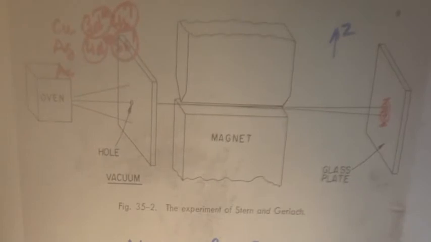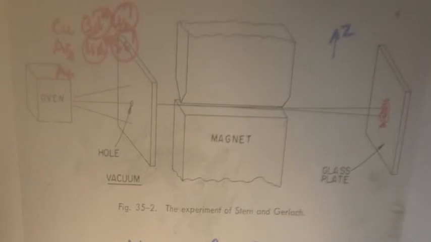All of copper, silver, gold have an outer electron configuration: for copper it's 3d10, 4s1; for silver, you've got 4d10, 5s1. And clearly, outside the filled shells, you've got a single unpaired electron. So if you vaporize your metal in an oven, you produce atoms which have quite definitely a single electron outside the inner shell. So it's got quite definitely a magnetic moment.